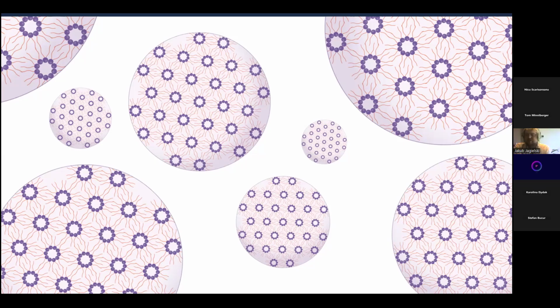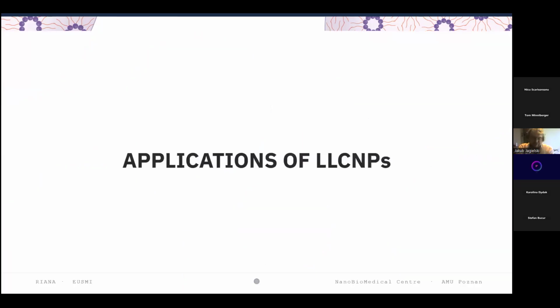Now the central question becomes: how do we comprehensively characterize these nanoparticles, their size, surface properties, morphology, and internal structure? But before this, let's see why we should care about these characteristics.